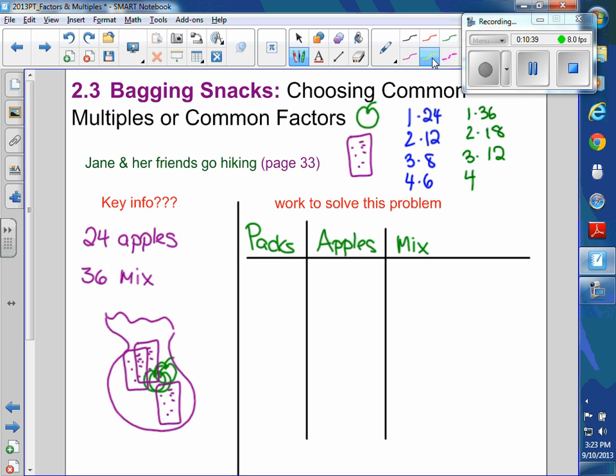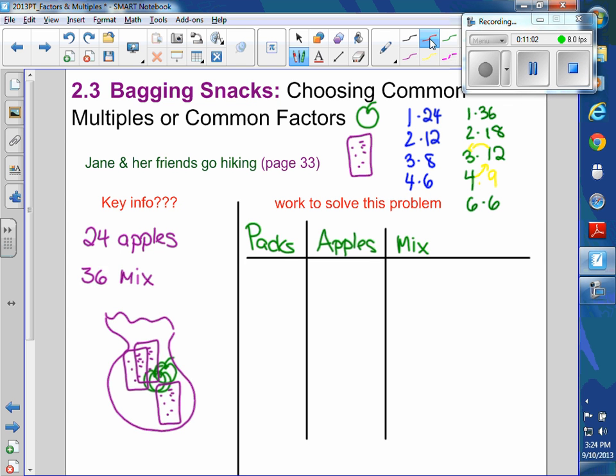Do that shortcut. 4 goes into 12 how many times? What's 3 times 3? 9. So 4 times 9. How about 5? Does it go in? What about 6? 6 times 6.